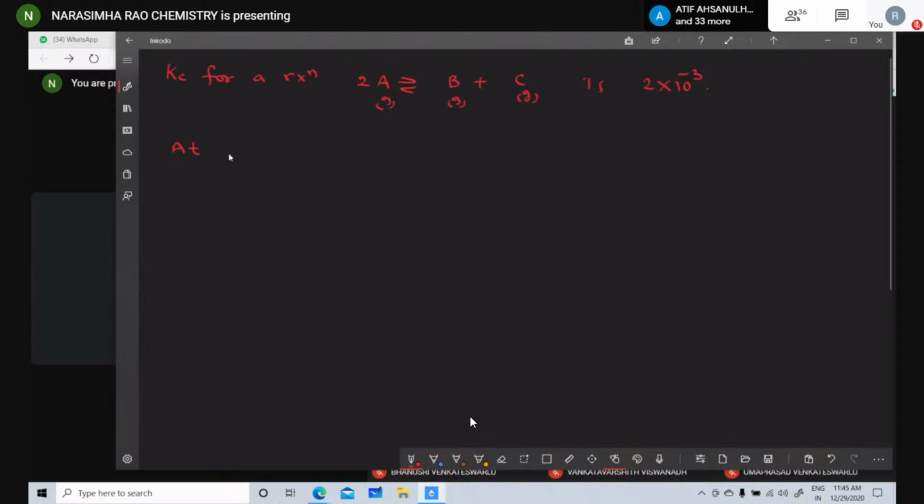At a given time of the reaction, the active masses of A, B and C are all equal to 2 × 10^-4. Predict the direction of the reaction.